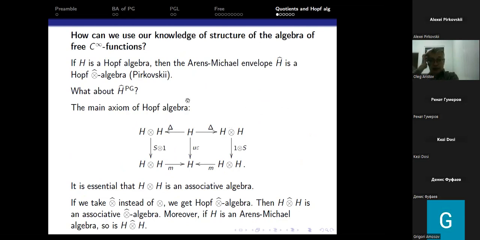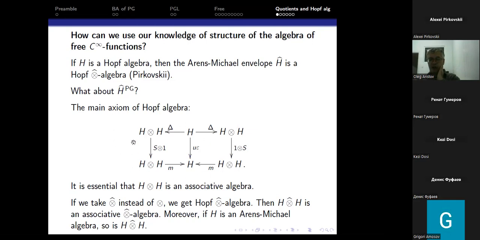Pirkovskii proved that if H is a Hopf algebra in the usual sense, then its Arens-Michael envelope H hat is a topological Hopf algebra with respect to the projective tensor product. But what about H hat PG? What about the case of real algebras?